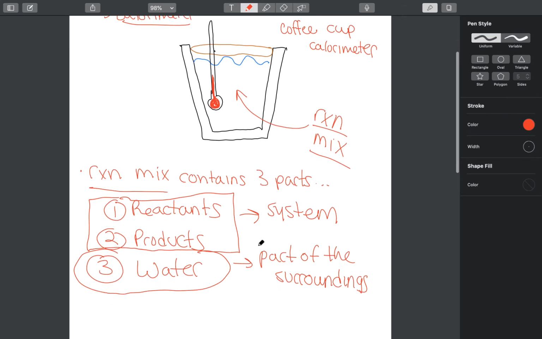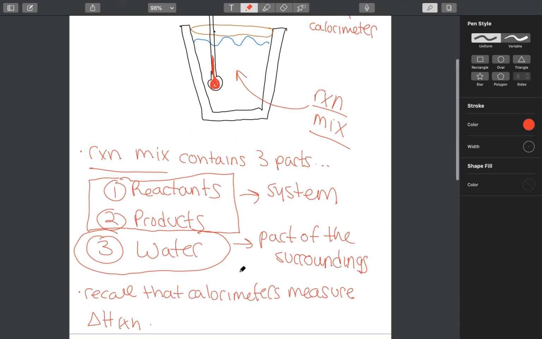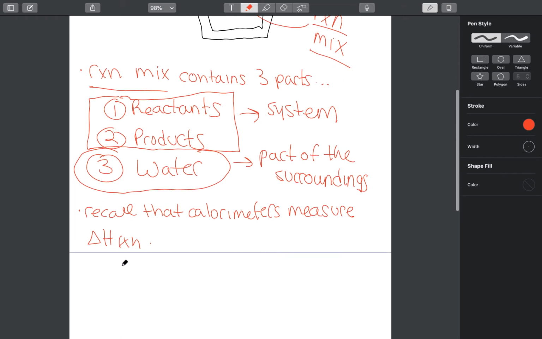Now recall that calorimeters measure the heat of a reaction. So how do we measure the heat of reaction in a calorimeter? Well, we do so by the temperature change in water.